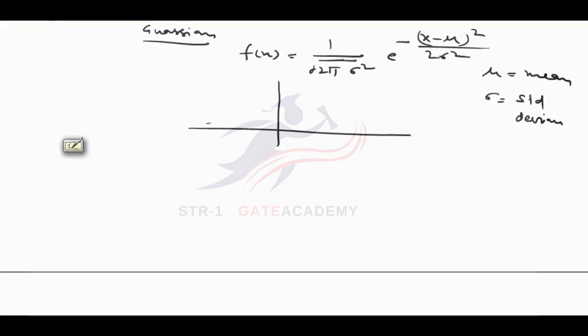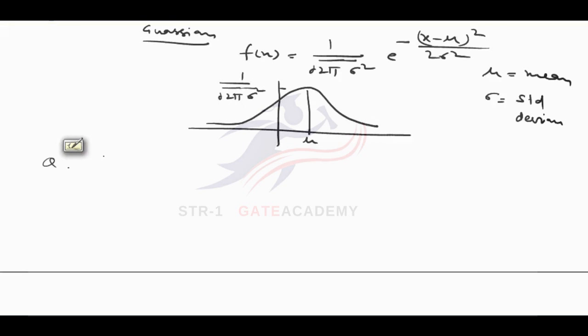I can draw this. This is denoted mu. The height of this function is 1 upon root 2 pi sigma square. I can draw this in this way.